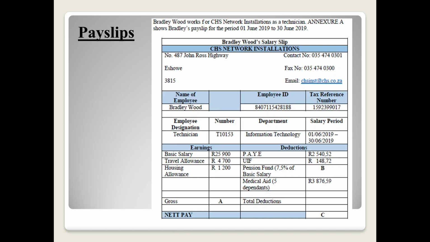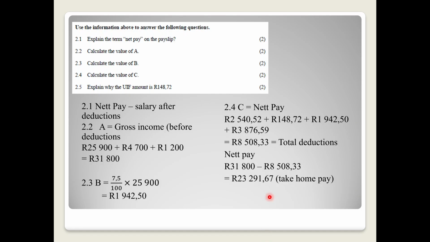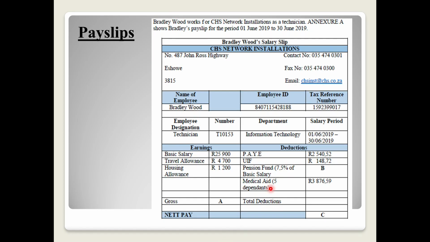Then we go back to the salary slip, and there's another missing link, that is number C. For us to work out number C, we need to add up all the deductions.